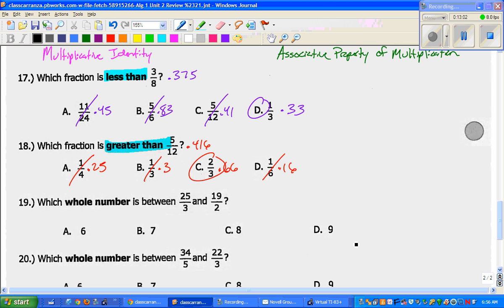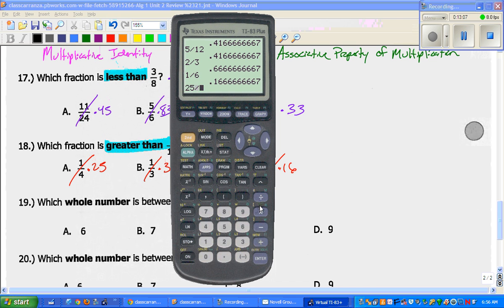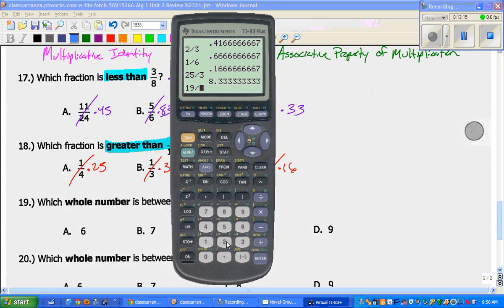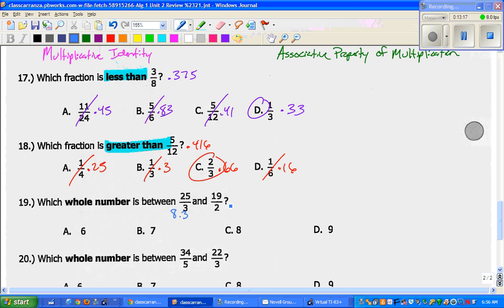All right, which whole number is between 25 over 3 and 19 over 2? 25 over 3 is 8.3, and 19 over 2 is 9.5. So to figure this out, here's 0, 1, 2, 3, 4, 5, 6, 7, 8, 9, 10.